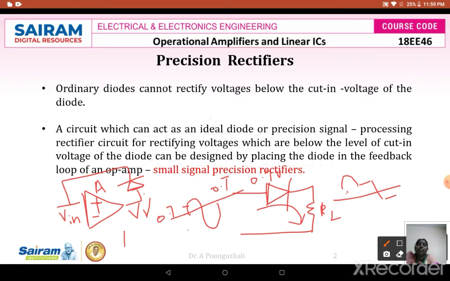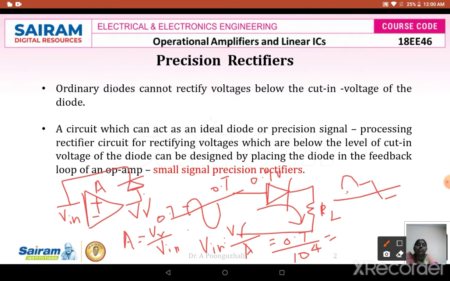Now the gain A is equal to output by input, that is V gamma by V in. So to find V in: V in is nothing but V gamma by A, where the cut-in voltage is 0.7 volts and the open loop voltage gain is around 10 power 4.